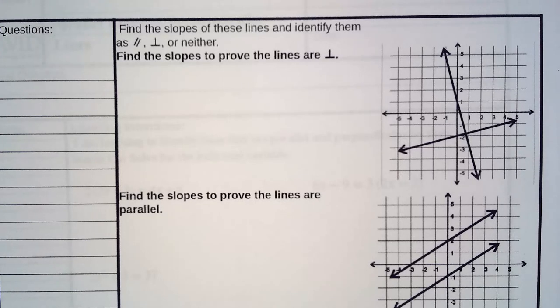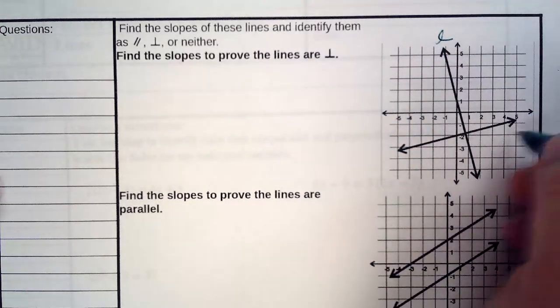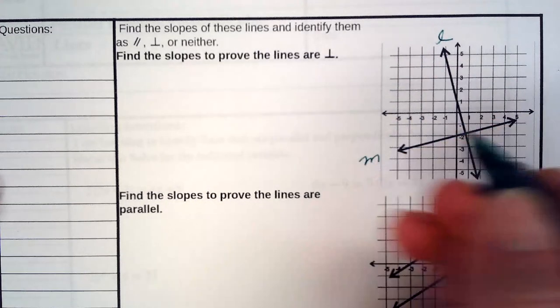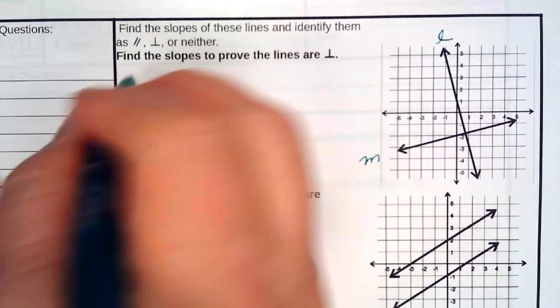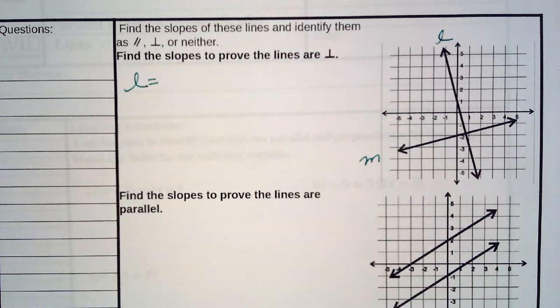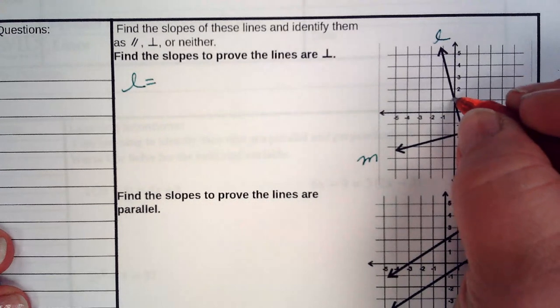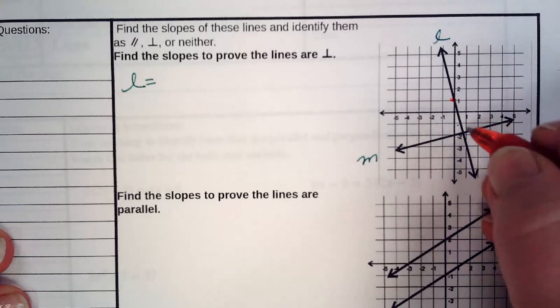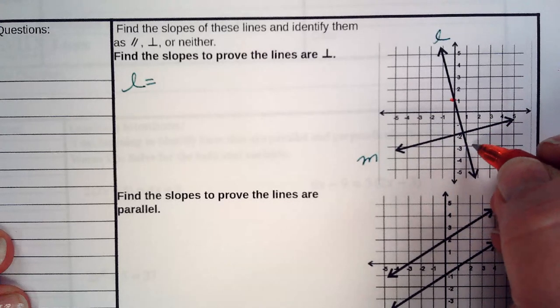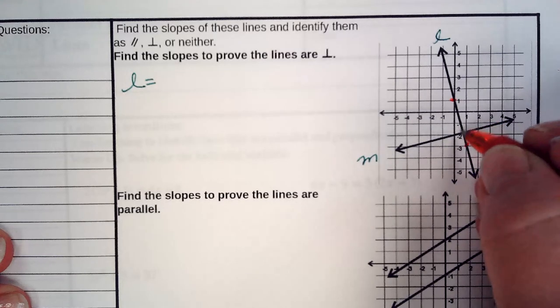So if I give this line the name of L and this line the name of M, I can find the slope of line L by finding the intersection of two of the grids. It would be at 1 and then down here at 1, -3.